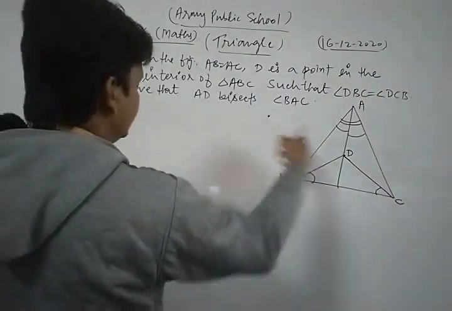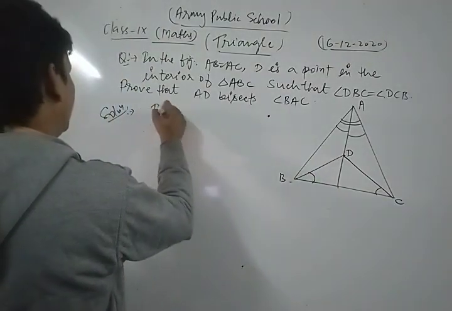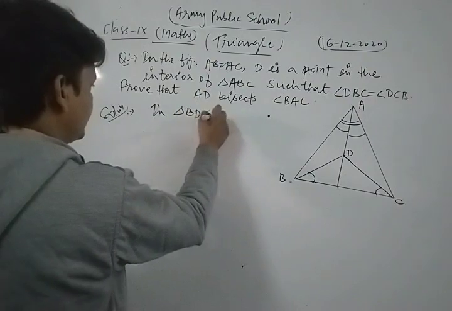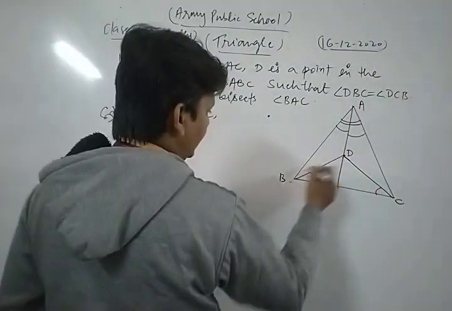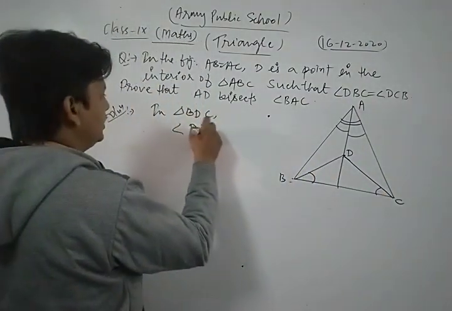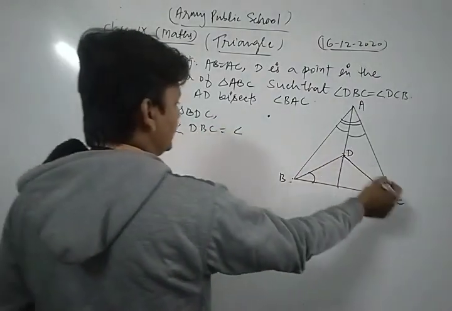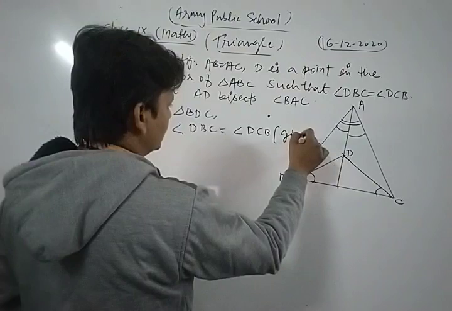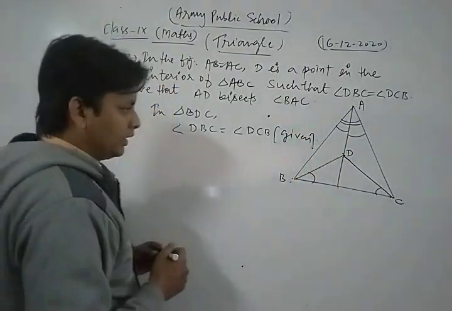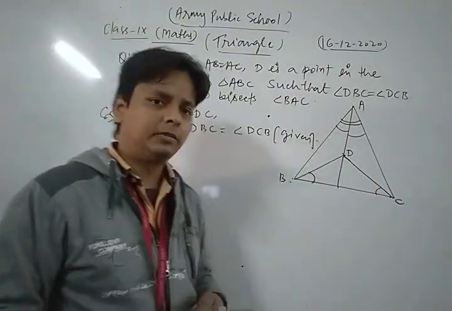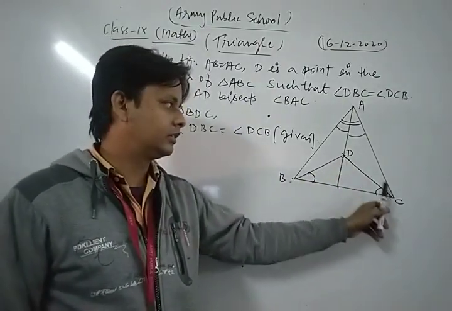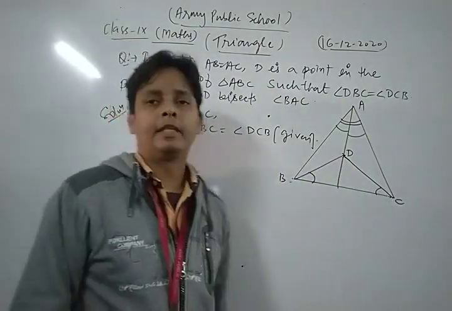In triangle BDC, angle DBC is equal to angle DCB. This is given. Dear student, in that triangle, angle DBC is the same as angle DCB.